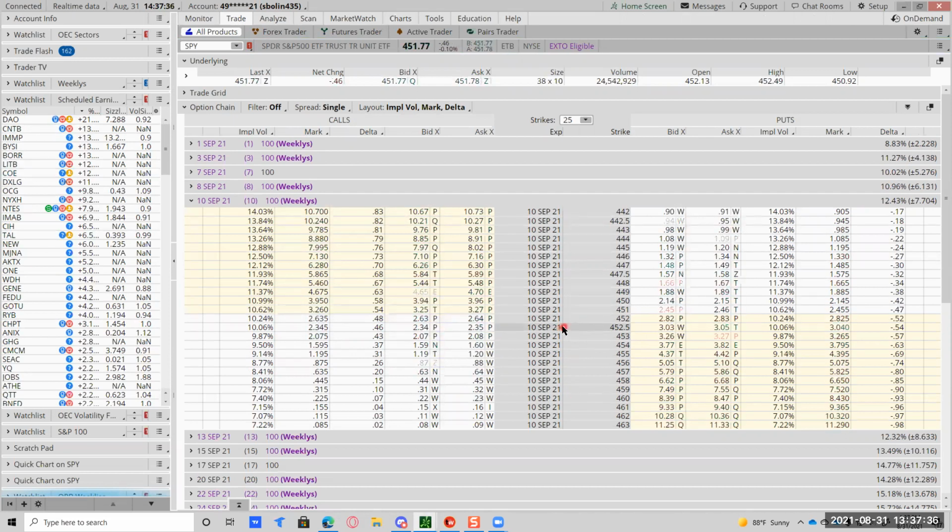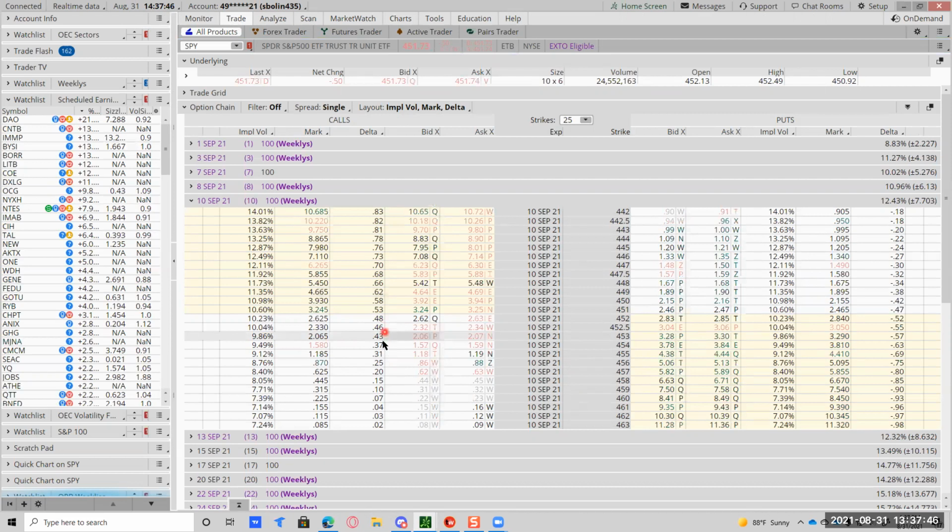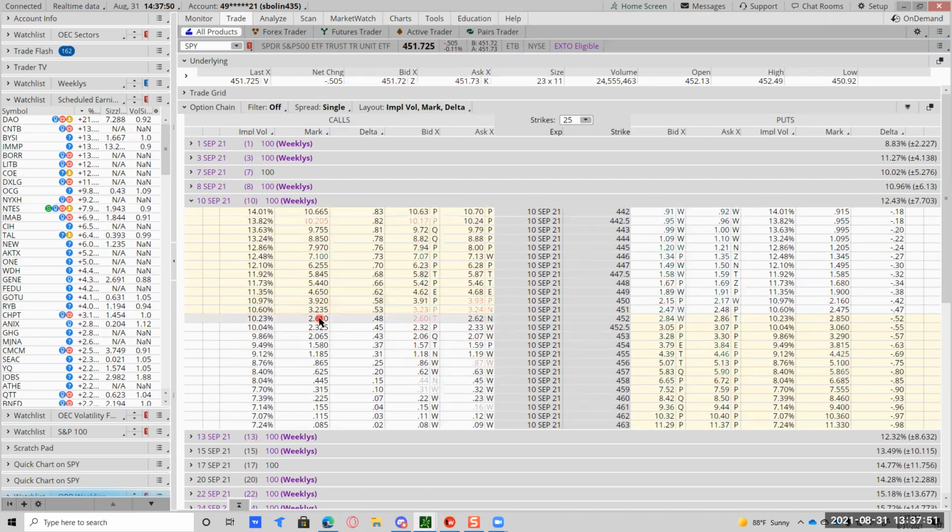You don't want to trust any analysis that you do when the market is closed either. The main reason for that is the broker platform, at least Thinkorswim specifically, is going to look at the bid and the ask, and then it's going to look at the mark. When the options market is closed, a lot of times these numbers get really wide, and then that mark is really off. So the pricing is nowhere near where it should be.